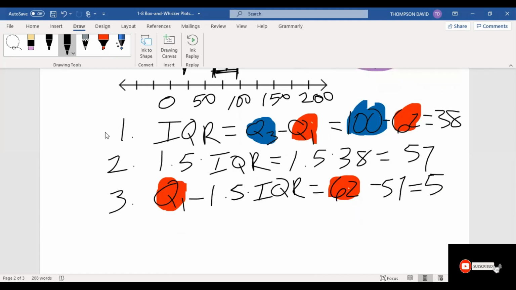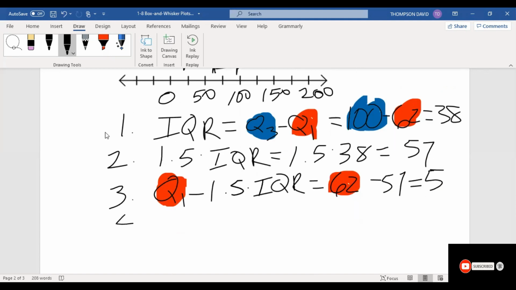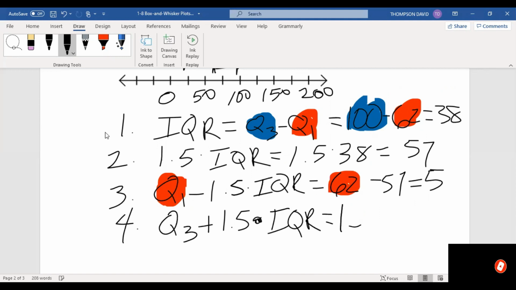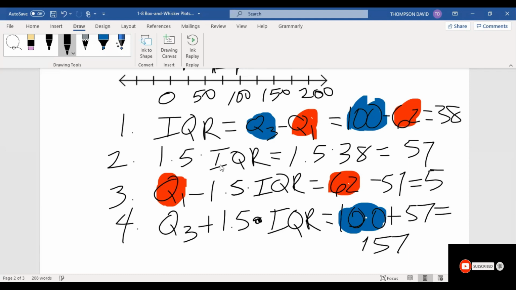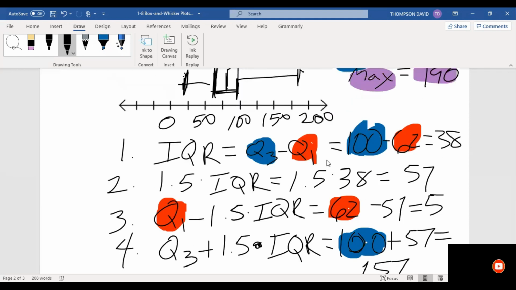Then we check the upper end, so that would be Q3 plus 1.5 times the IQR. So in this situation, it'd be 100 plus 57, and let's highlight that in blue to be consistent. So that will give me 157.